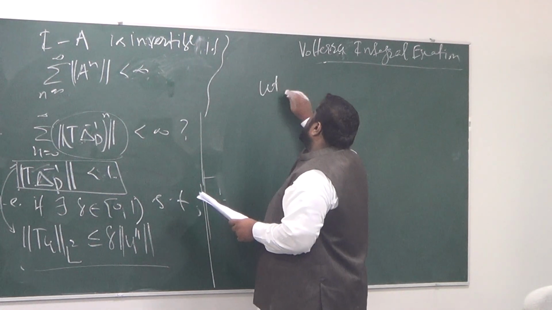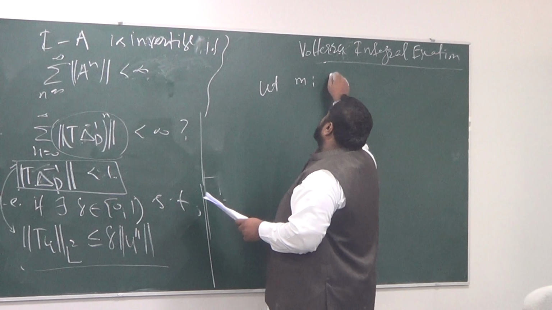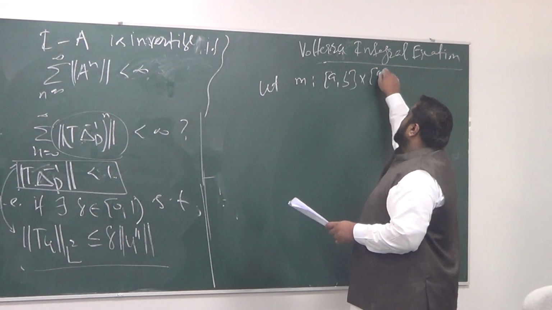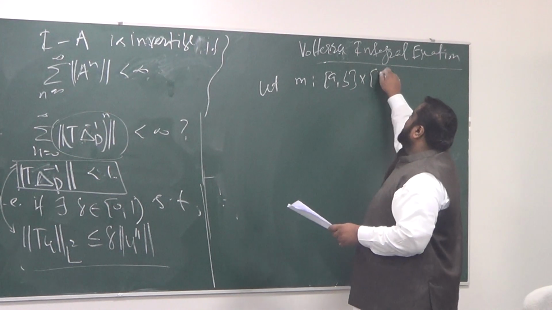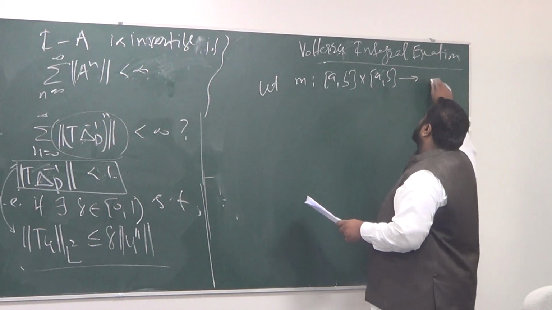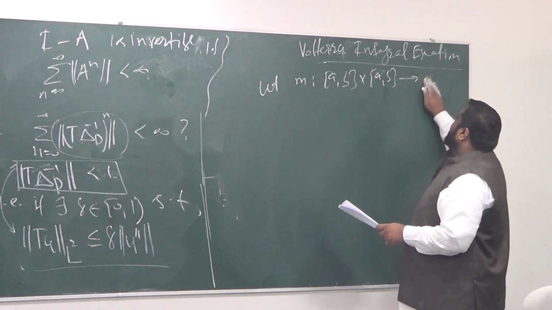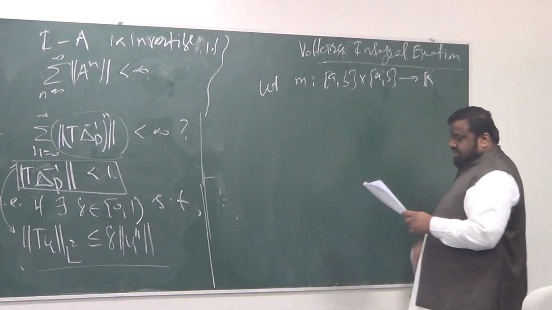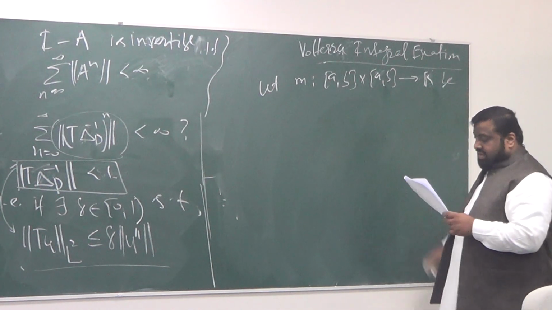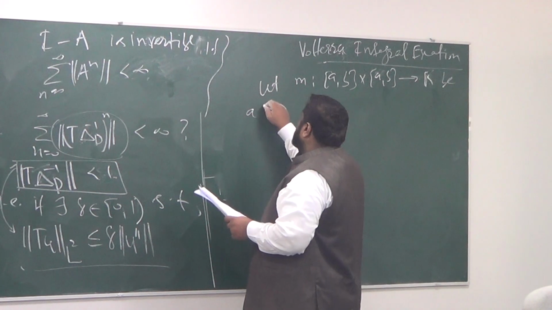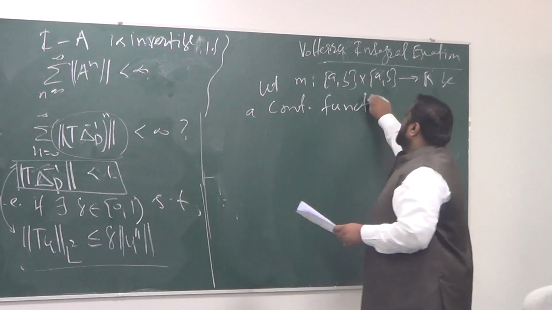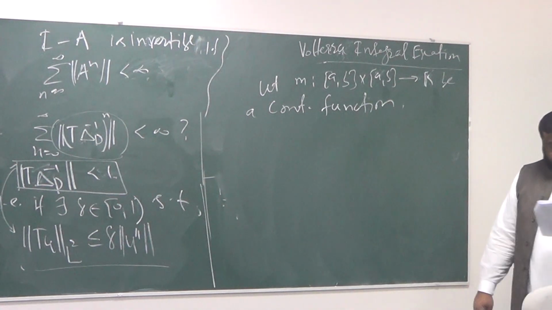So let M be a function from A cross B into the field K, a continuous function.